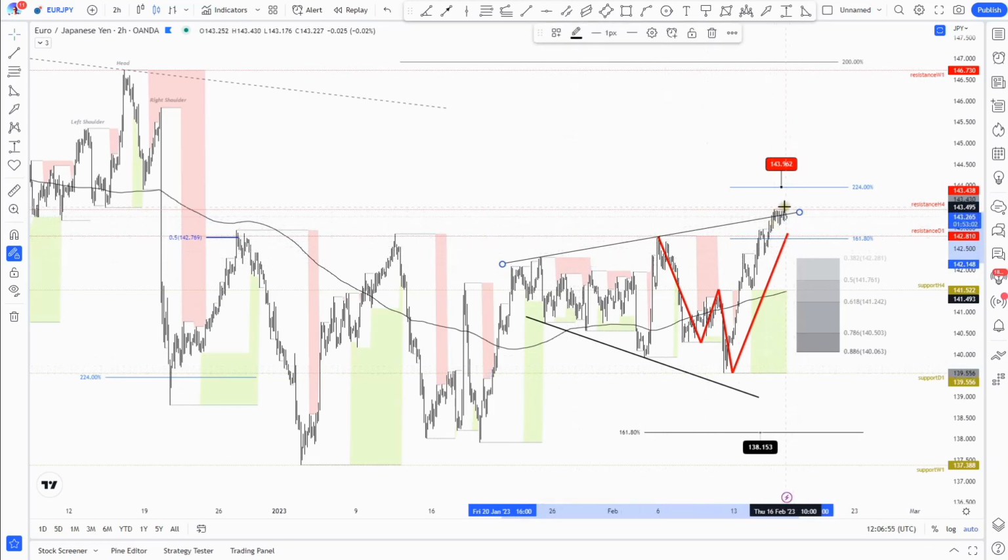So as we can see, we are threatening the recent resistance printed at 143.43, so we are still threatening these highs and this fractal, but most important, we are still trading above the previous resistance, the previous daily fractal at 142.81.